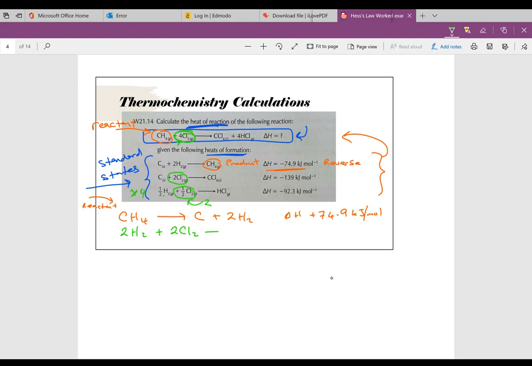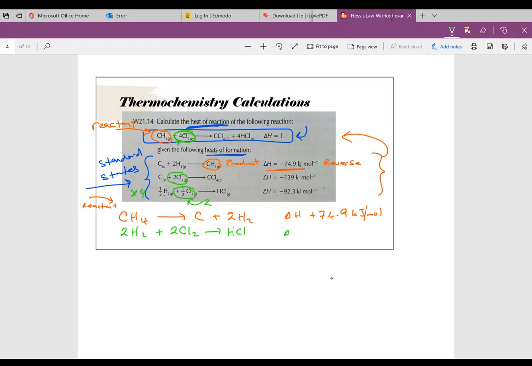and HCl. Now because I have multiplied the equation, I also need to multiply the heat change, and that's actually the most important bit, multiplying the heat change. So I take minus 92.3 and I multiply that by 4 also.